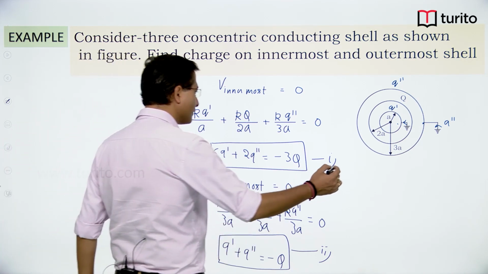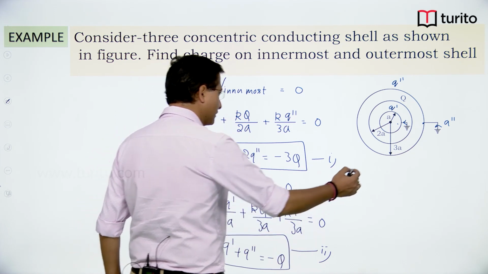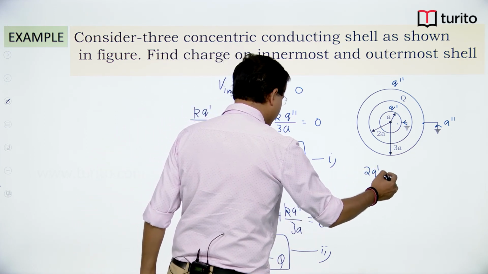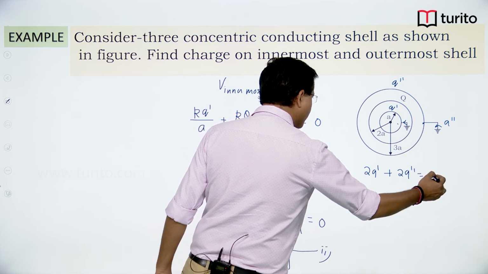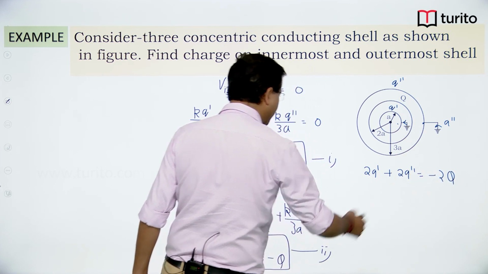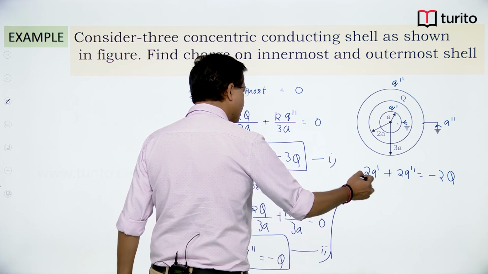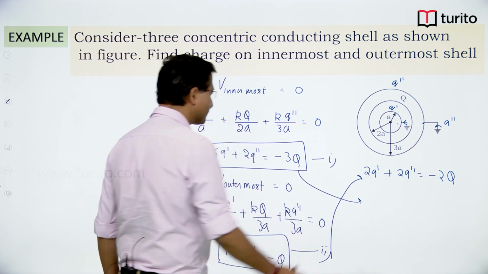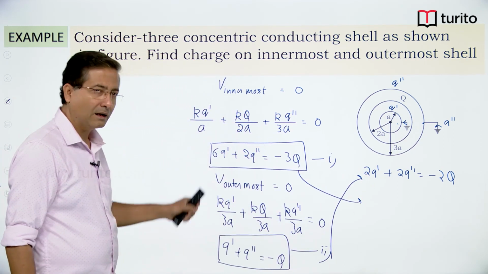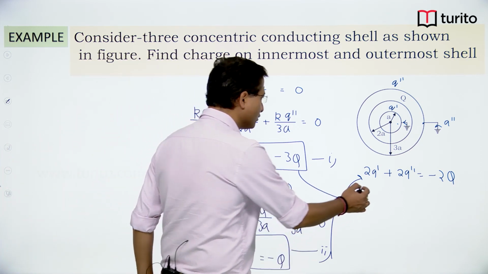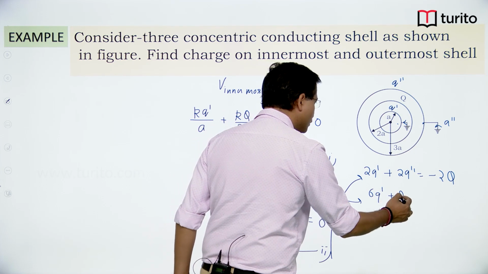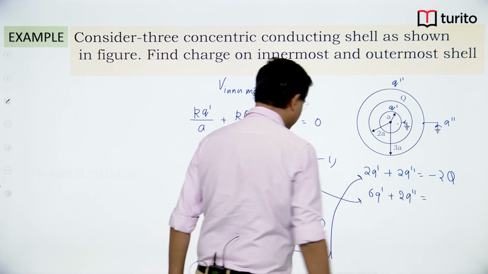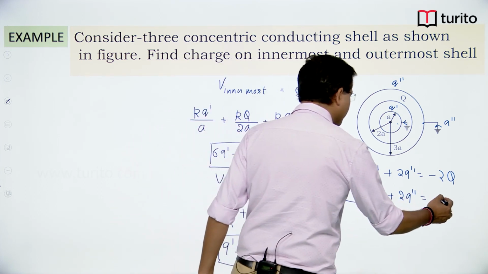Let us see. So this equation I am writing: 2q' plus 2q'' is equal to minus 2Q. I multiplied 2 to this equation, this one is here. Now this one is 6q' plus 2q'' is equal to minus 3Q.